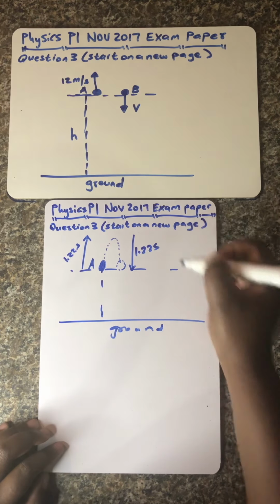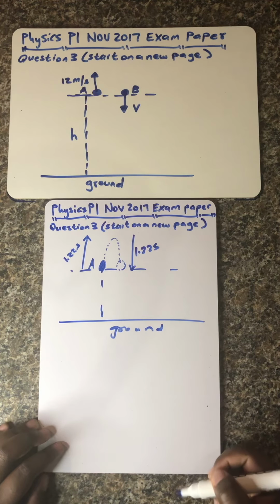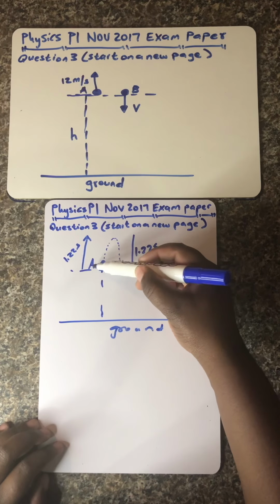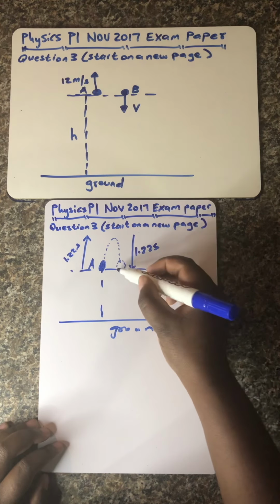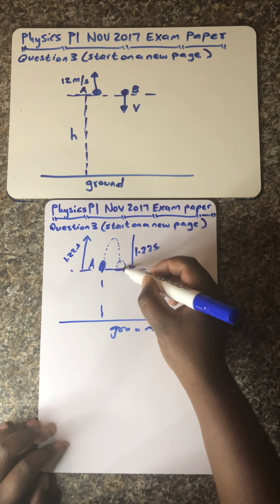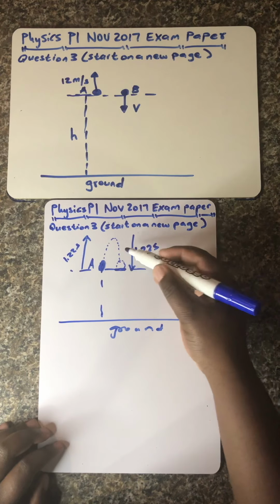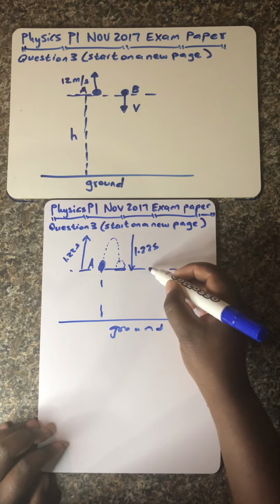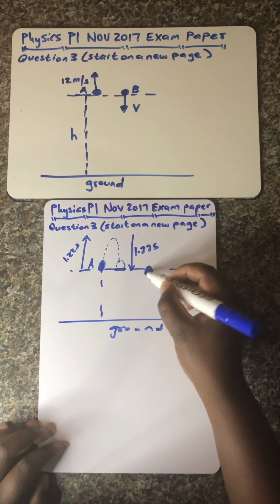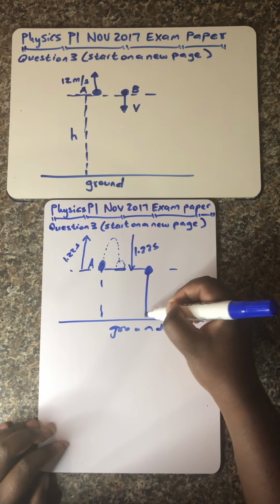the same time. Okay, so based on this information that we're given, they're saying at the instant this object A passes its initial position, which is that position there, as it passes that position on its way down, stone B, which was thrown vertically downwards.